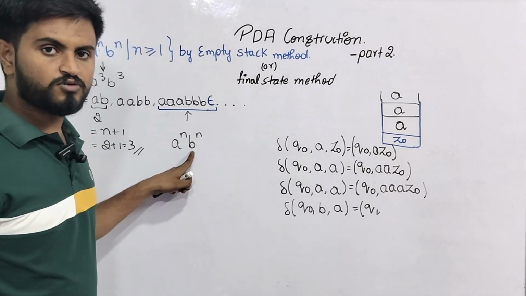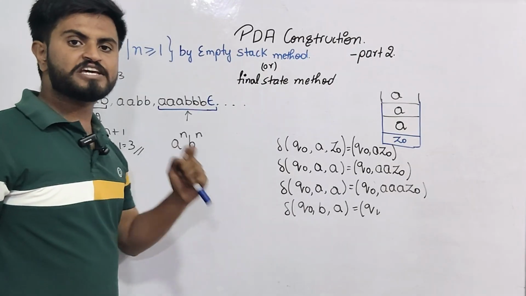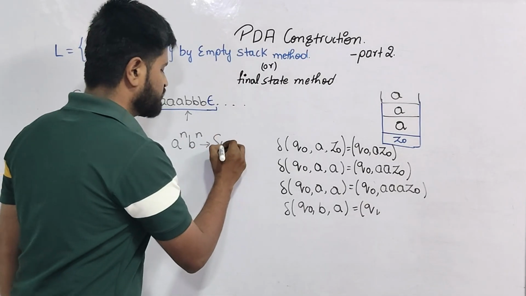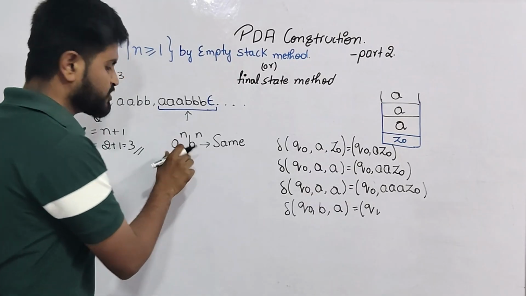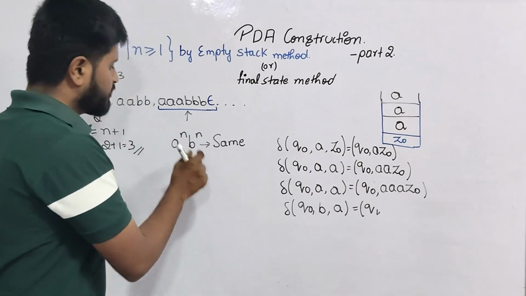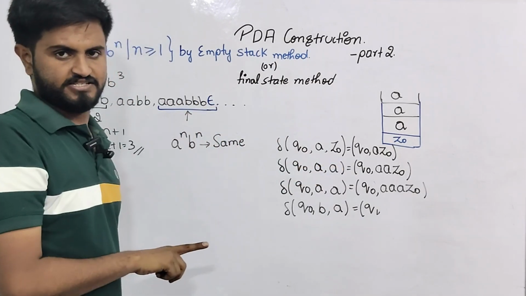When n is equal to 3, 3a, 3b. Like that. So here we have an equal number of a's and b's. In this situation, what will we be doing? We will be in the same state itself. When you approach a also, you will be in the same state. When you move from a to b, you will change the state. Until you move from b to another element, you will be in the same state itself.